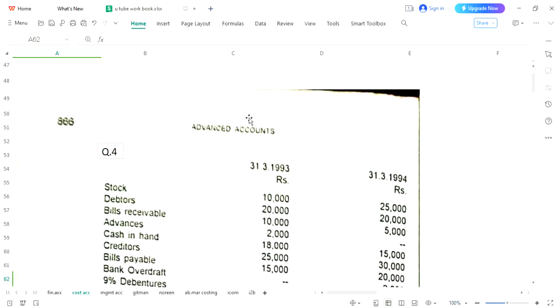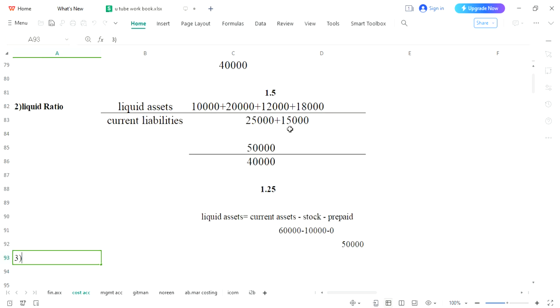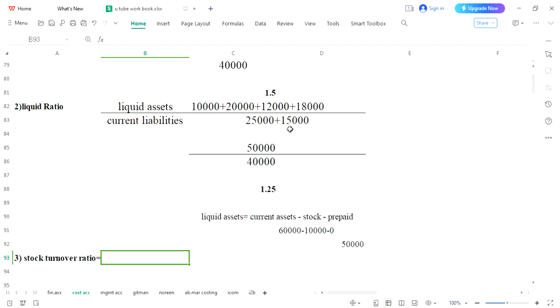Now let's see what the third requirement is. Look at here, this is stock turnover ratio. We will write down stock turnover ratio, and you will calculate it with cost of goods sold divided by average stock.